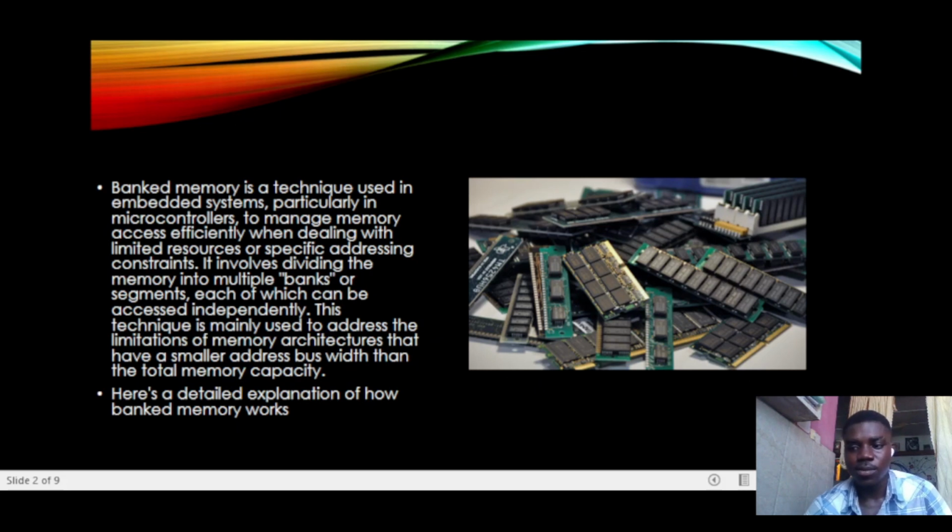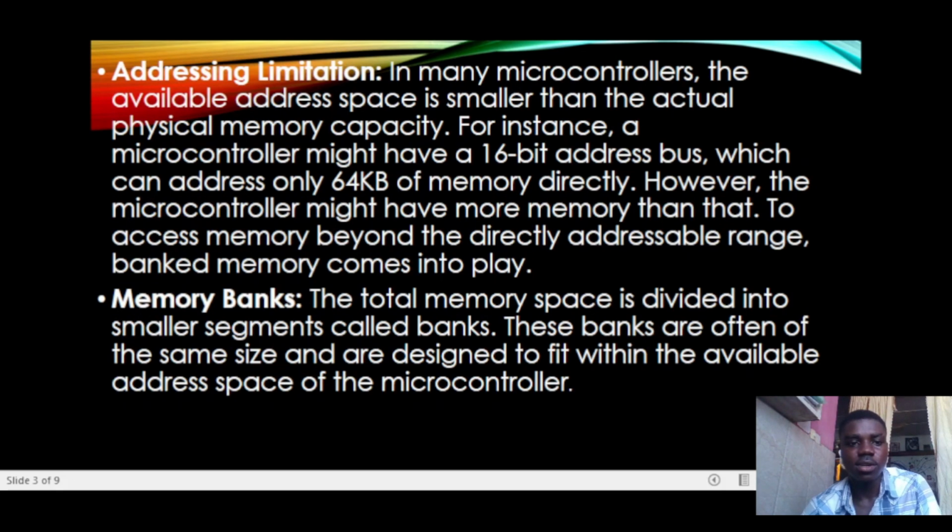When there's overload on your machine, this is where the bank memory method was designed. It was designed so that in case of any clogged up or heavy workloads, our machines, our PCs will be able to function efficiently.